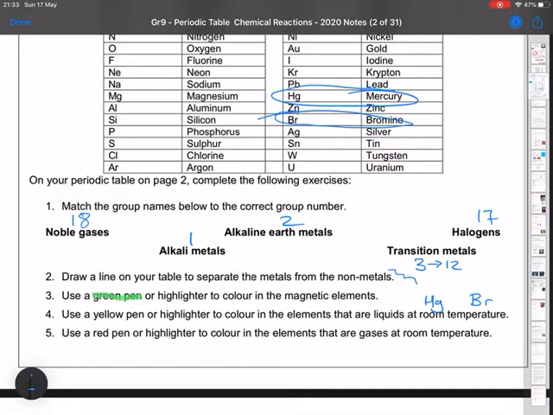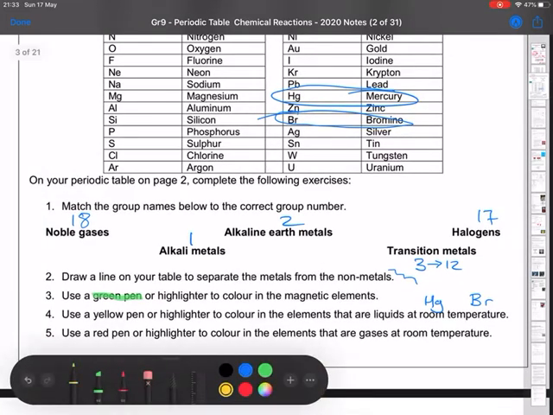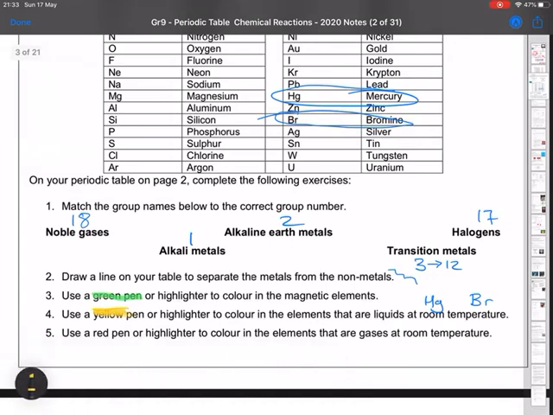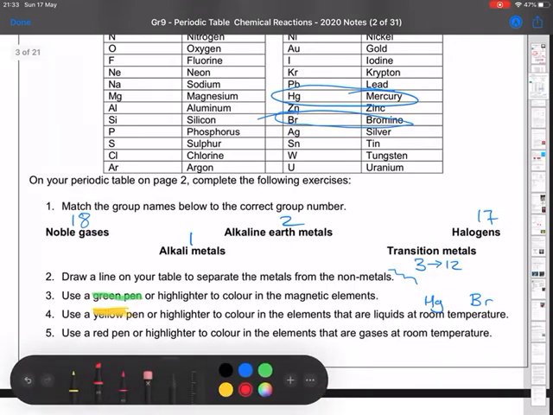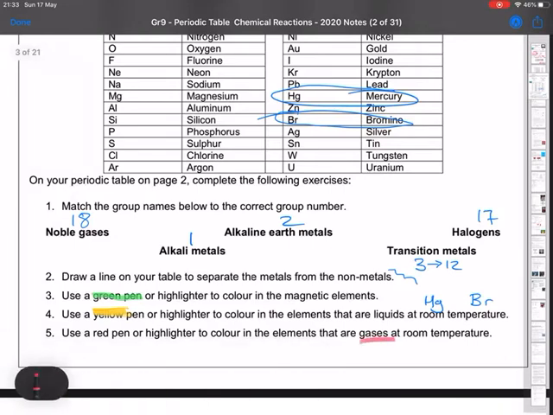And then use a red pen or highlighter to color in elements that are gases at room temperature. For those, nitrogen, oxygen, fluorine, chlorine, bromine is a liquid, and then all of the group 18 gases, which are actually called the noble gases.